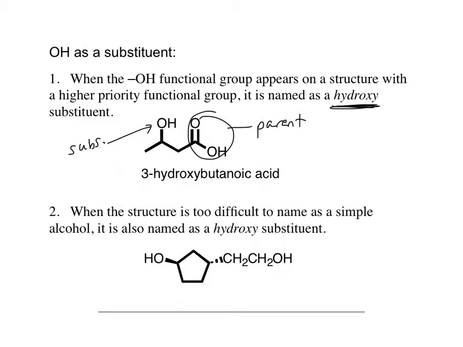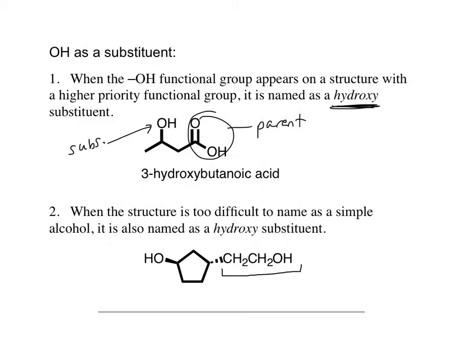Now, a place where you could run into using OH as a substituent is when you have a parent that is an alcohol, and then a substituent off of that parent that also contains an alcohol. Both of those alcohols cannot be the parent. One's the parent, one's the substituent.